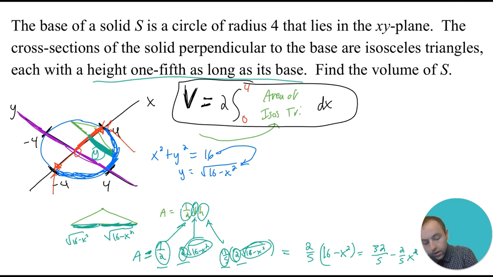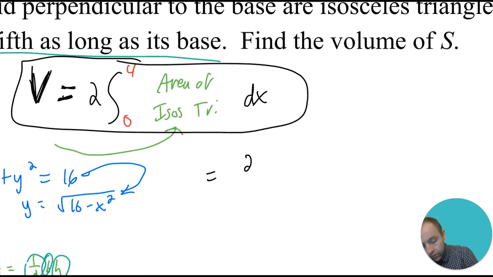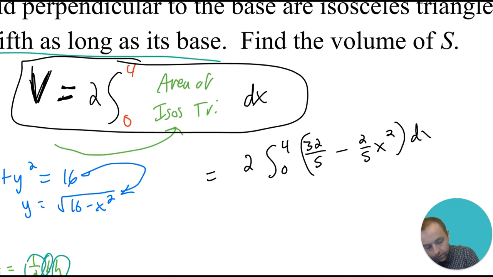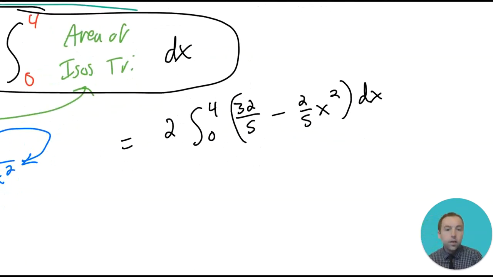So we can say that the volume is equivalent to 2 times the integral from 0 to 4 of 32/5 minus 2/5 x squared dx. All right, great. I'm going to multiply in the 2, so let's change this to 64/5 and 4/5.